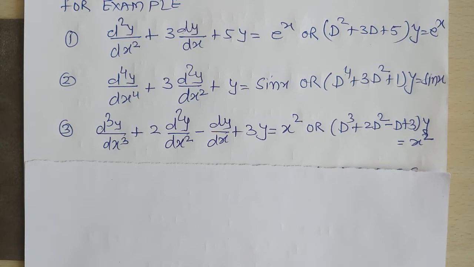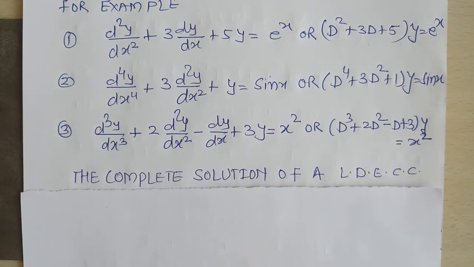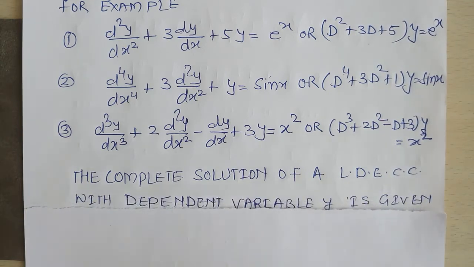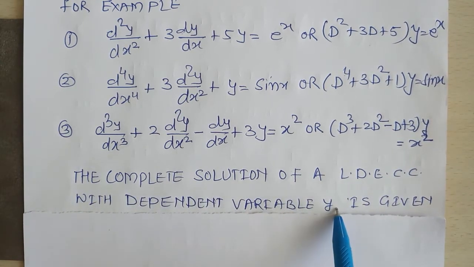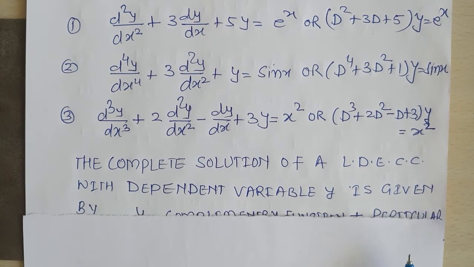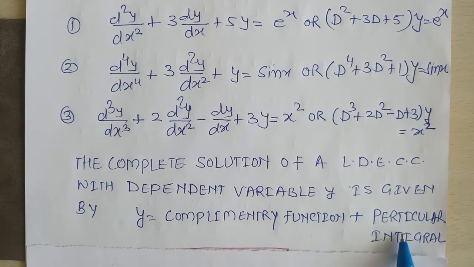Now we discuss the solution of a linear differential equation with constant coefficient. The complete solution of a linear differential equation with constant coefficient, whose dependent variable is y, is given by y equal to complementary function plus particular integral.